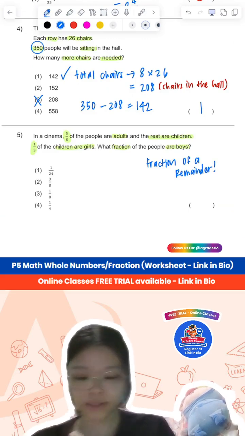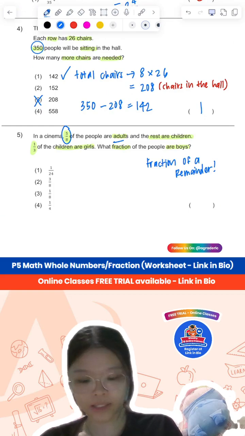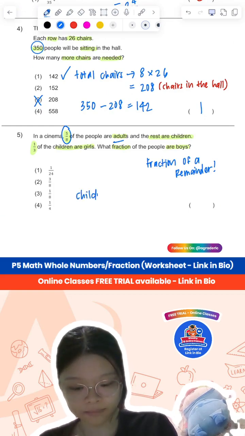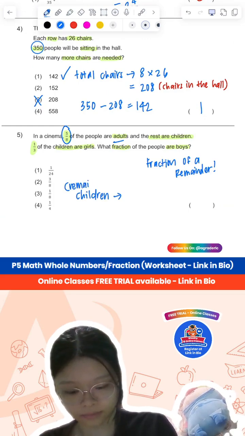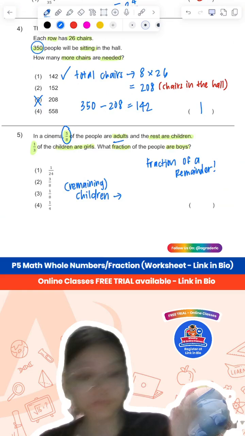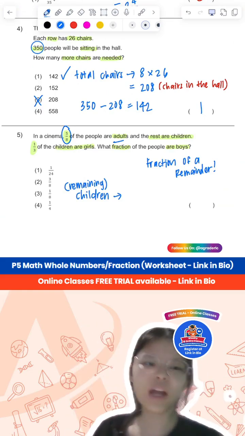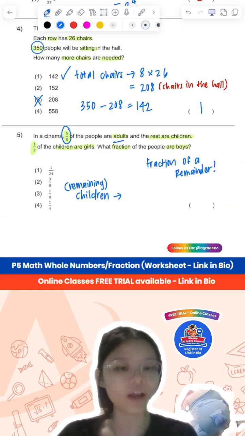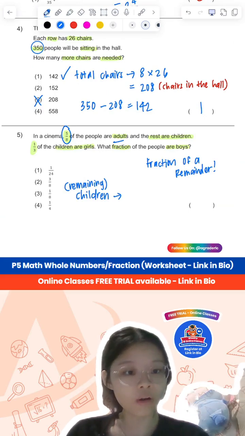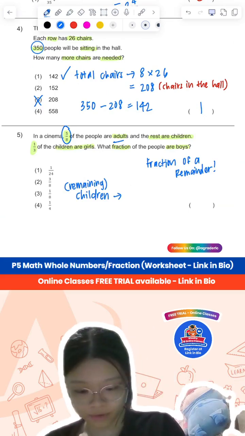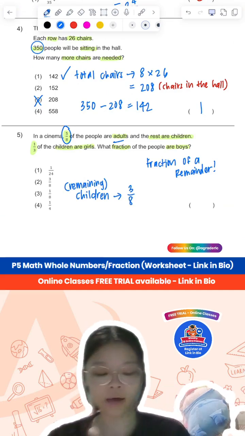Okay, so since 5/8 of the people are adults, can y'all tell me how many children are there? Or basically the remaining? Oh, yeah, some of you are not P5, I remember. Oh, yeah, that's true. 3 out of 8, very good. 3 out of 8 of them are children.